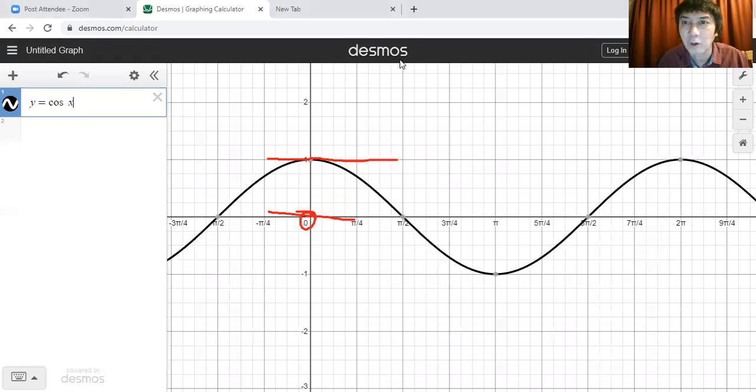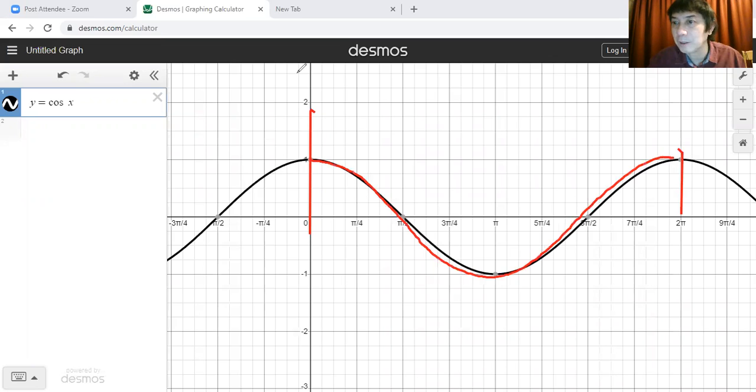So going back to the cosine graph, if you're going to plot it, it will be very similar to sine, but one cycle for the cosine is also 0 to 2 pi. You'll be able to see it from here up to here, from 0 to 2 pi, that is one complete cycle.